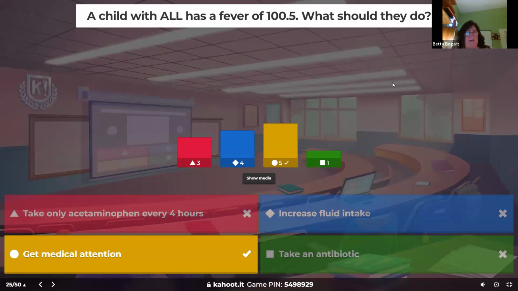But at a minimum, they first need to talk to the doctor. They're going to need an antibiotic. We're not just going to increase fluids and take Tylenol, because remember, these children have no white blood cells. They can't fight infection, so they need something to help them fight it. They need to get medical attention, and they're going to order an antibiotic or send them to the hospital for IV antibiotics.